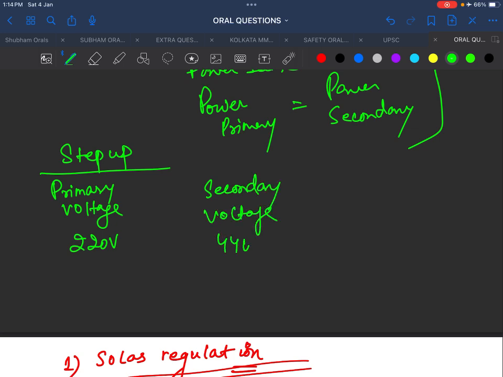You can convert this with the help of the number of turns. We can just adjust the number of turns and increase the voltage from 220 volt to 440 volt by the difference in the number of turns.